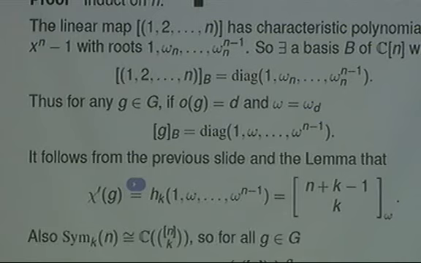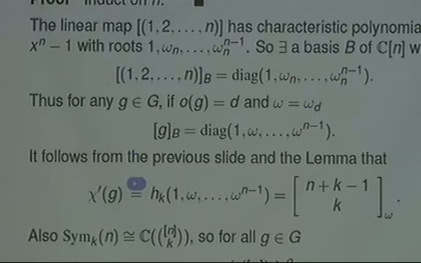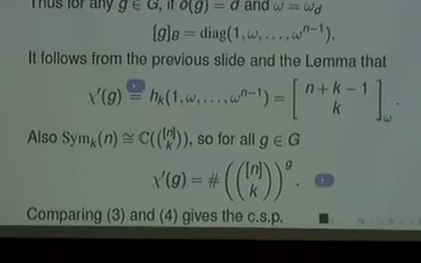So because of the fact that these two are isomorphic, chi prime is also the number of fixed points. And again, if you've computed a linear transformation's trace in two different ways, you get the same thing. That's the end of the story.